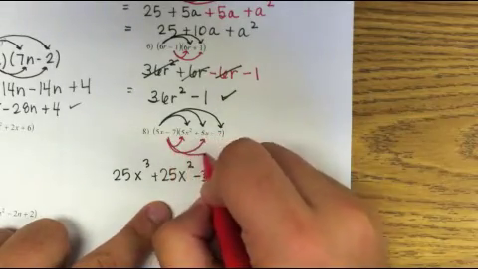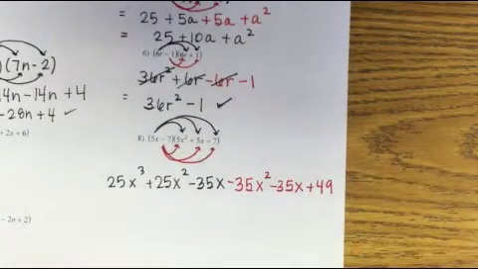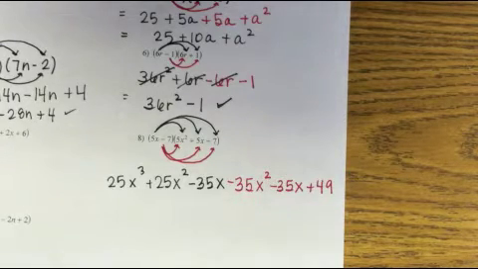And -7 times a -7 is a +49. Okay? Now, yes, you did do 6 multiplications, and to answer your question, no, you are not done yet.